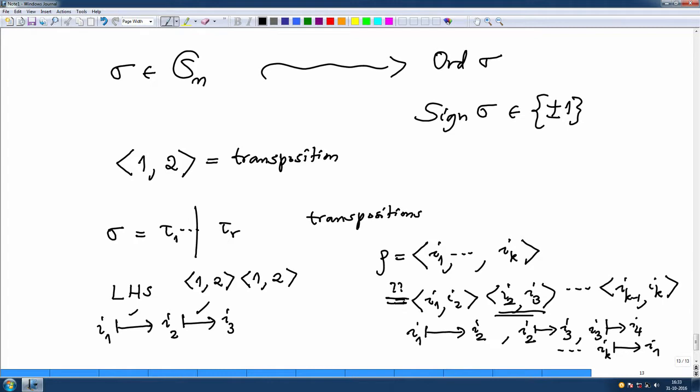So we have checked that every k-cycle we can write as a product of how many transpositions? 1, 2, ... k minus 1.